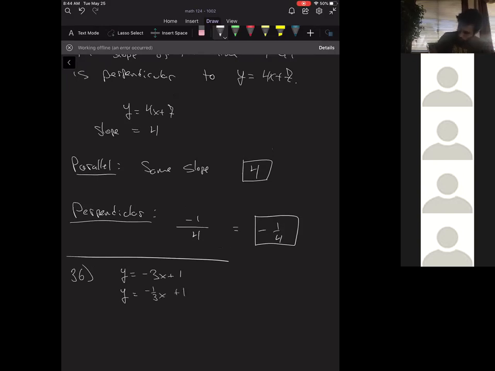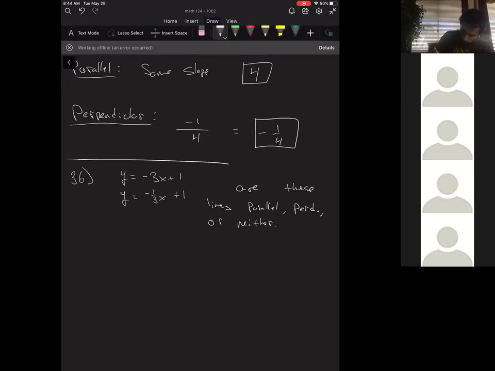And we want to know, are these lines parallel, perpendicular, or neither? All right, so let's label these lines. Let's call the first one 1, and we'll call the second one 2.